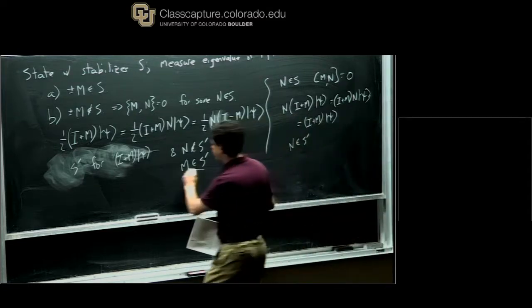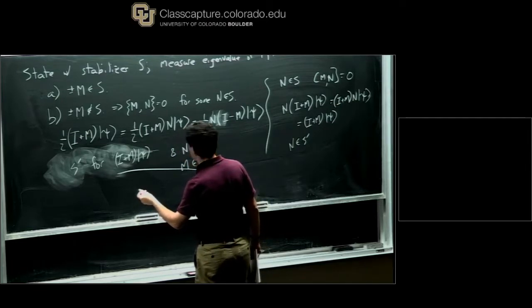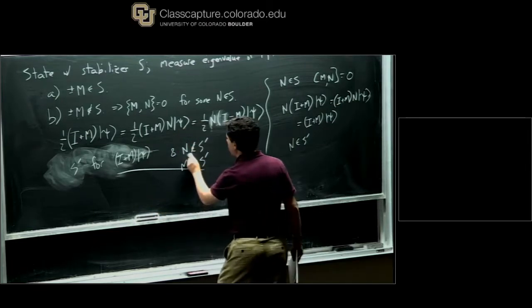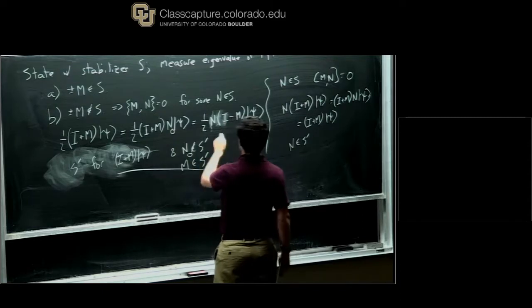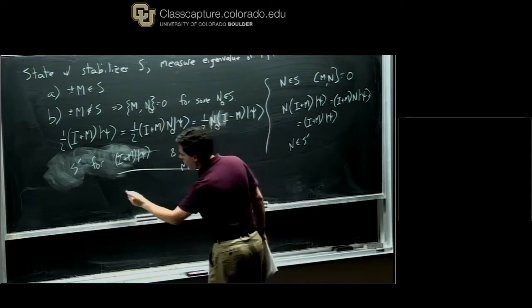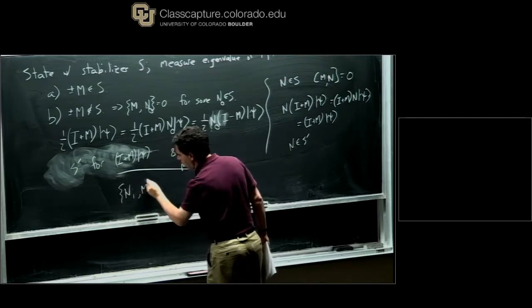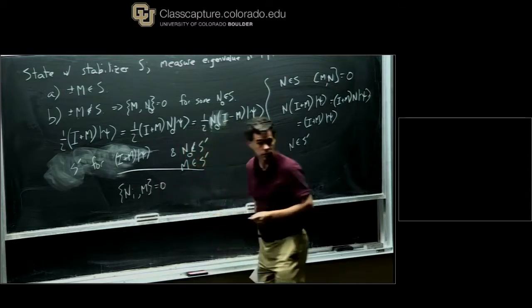But suppose we have, let's call this particular one n0. Suppose we have some ni such that ni and m anti-commute.